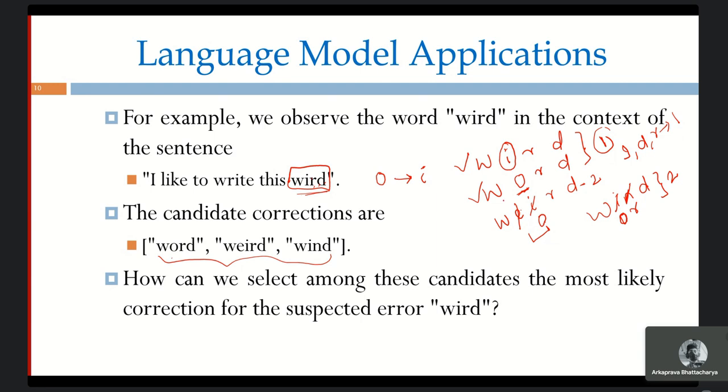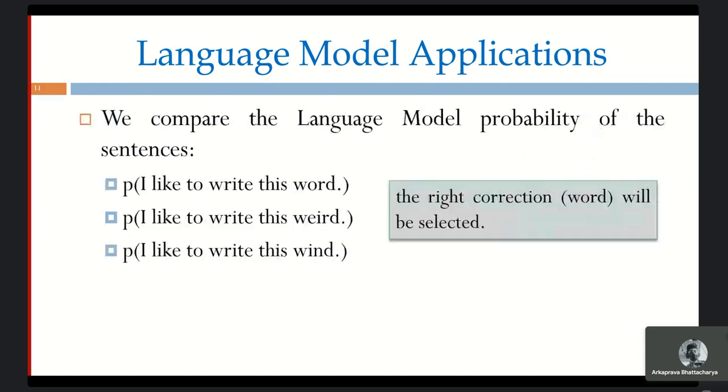Now you can see from these candidate corrected words, one word has less distance from the misspelled word. So the probability of this word would be higher than these two words for the given misspelled word. In this way, the word can be corrected.